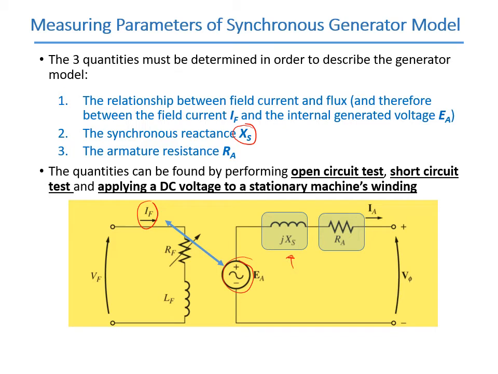And finally we also need the armature resistance RA. Once we know these three pieces of information, then we'll be able to use the model. To find these quantities, we need to do the open circuit test, the short circuit test, and also apply a DC voltage to the machine's winding when it's stationary. We will look at these processes one by one in the following slides.